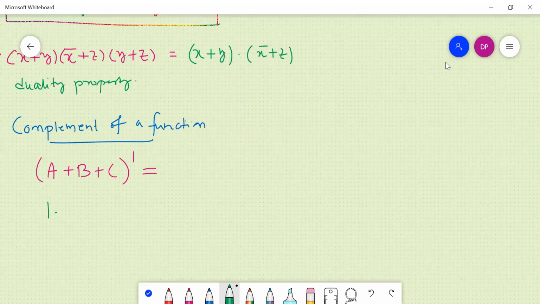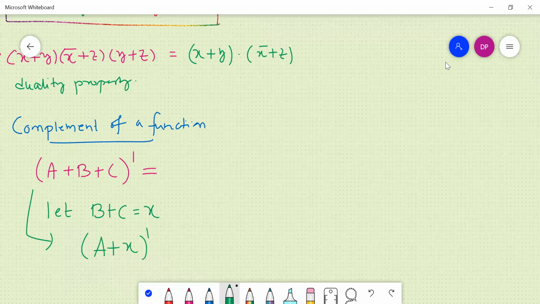I will consider, let b plus c be another variable x. So this can be written as a or with x and its complement, right? So this is a plus b complement, De Morgan's law. You can write a complement with and with b complement.